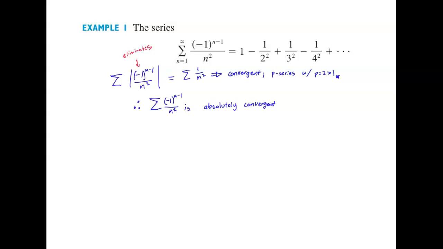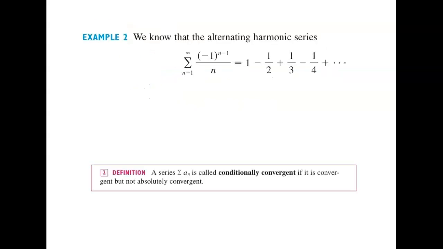Why is that useful? We'll get to it. We know that the alternating harmonic series is convergent. We proved that using the alternating series test. But if I look at the absolute value of it, that's just going to equal the regular harmonic series.